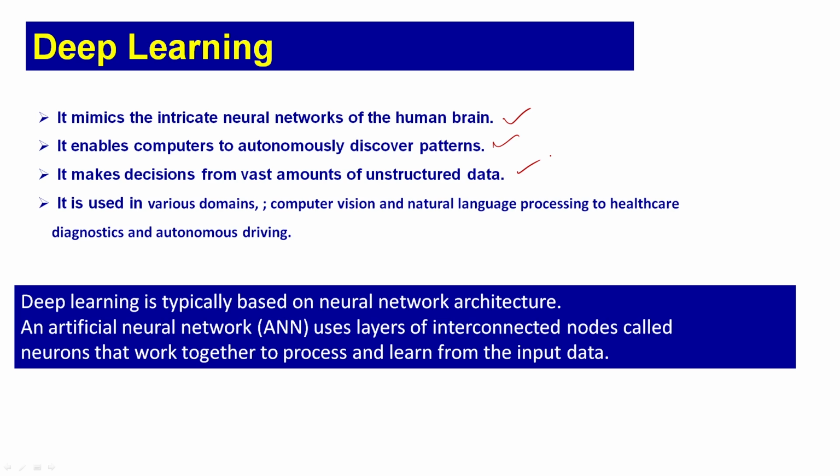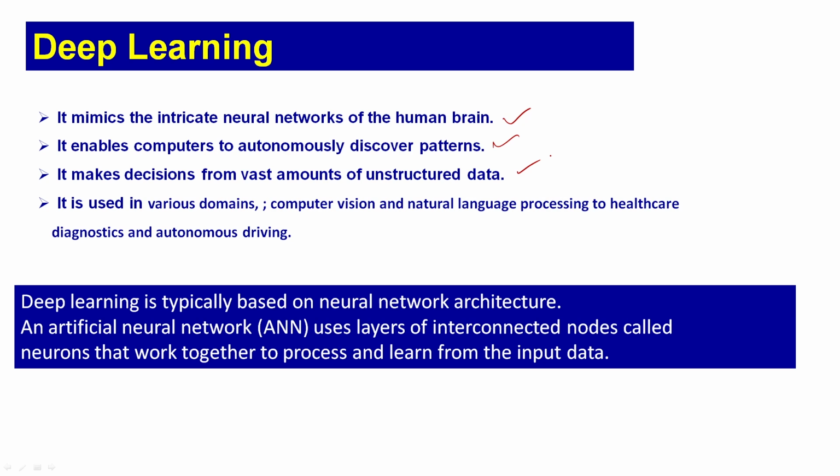So, what in a nutshell I can tell you, deep learning is typically based on neural network architecture, whatever we have in our human brain, and the most important neural network architecture is the artificial neural network architecture. It uses interconnected nodes called neurons, and they work together to process data and learn from the data.